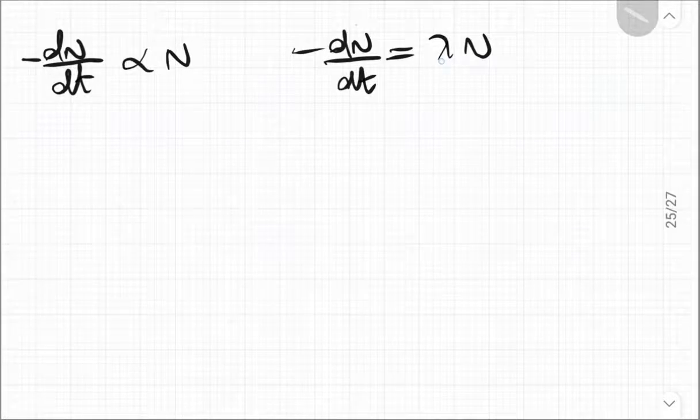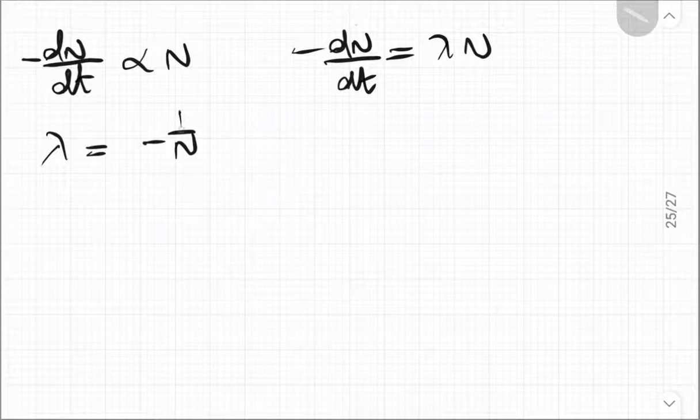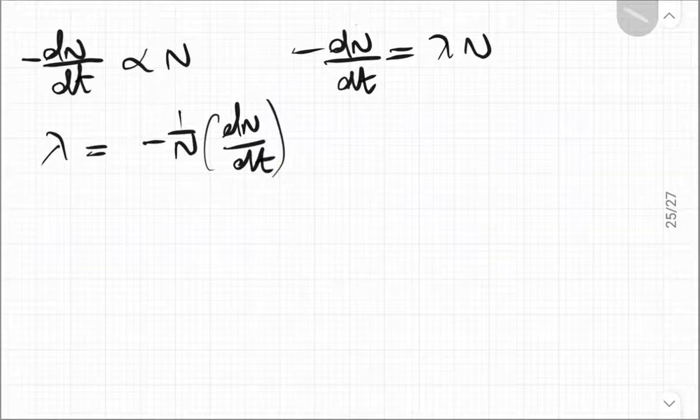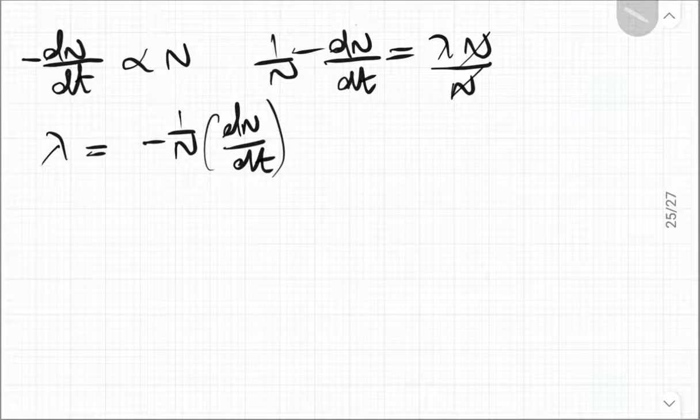So let's try to see what this constant actually is. So we have lambda equal to negative 1 over N times dN/dt. So what we did here is just dividing both sides by N, right? Both sides by N. So this cancels out, right?